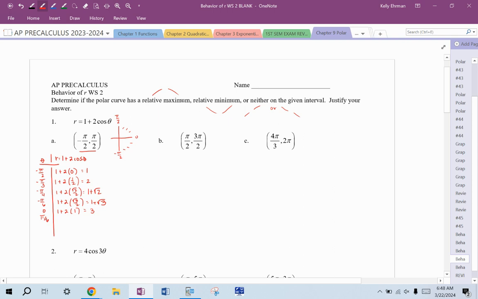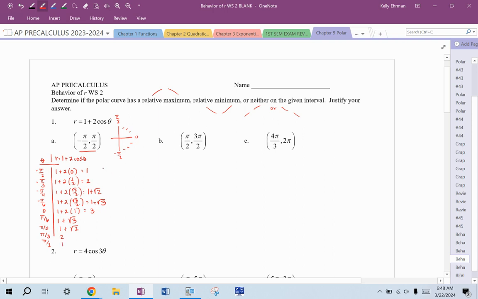We're going to get the same values, right? You can use your knowledge of the unit circle here. Cosine is positive at all of these same values, so it's back to 1 plus radical 3. When I plug in pi over 4, I get 1 plus radical 2. When I plug in pi over 3, I get 2, 1 plus 1. And when I plug in pi over 2, I'm back to what I had before, back to 1.